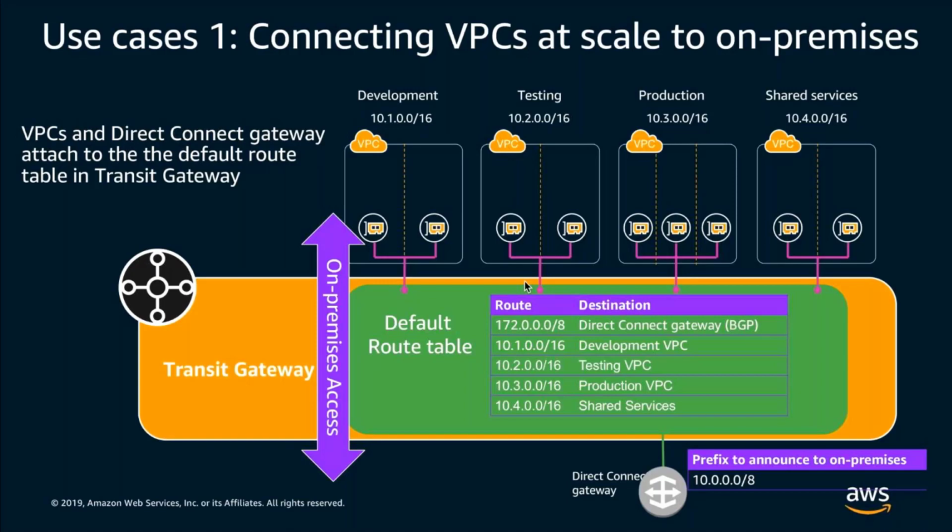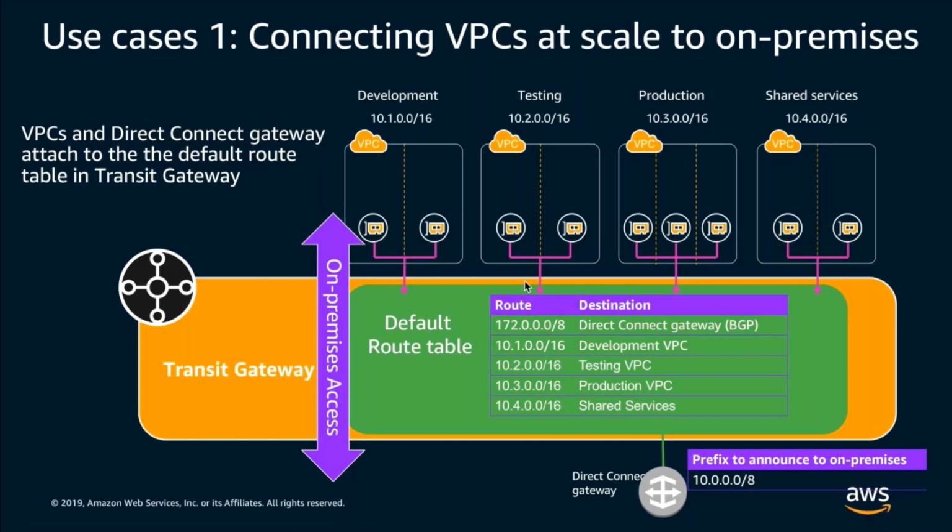Here we're using the default route table, so everything is getting propagated in the default route table. You can see up here there's a route that got propagated from on-prem to your transit gateway. There's a 172 route. And then each VPC route is propagated into the route table. For propagation from your transit gateway to the on-premises router, you need to specify which routes to get propagated.